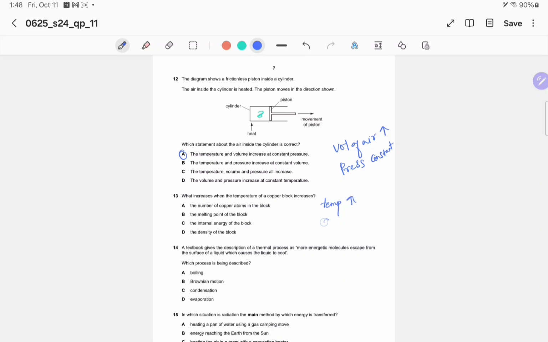We will see the density moving down. Okay, as the temperature increases, density decreases. What about the internal energy?